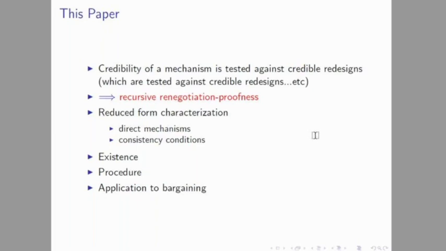Perhaps most importantly, in addition to giving a characterization of the solution, I'm also going to show the general existence of the solution under rather general conditions. It's portable to any mechanism design scenario, by the way. Unlike in many other mechanism design setups, there is going to be a procedure through which the solution can be identified.